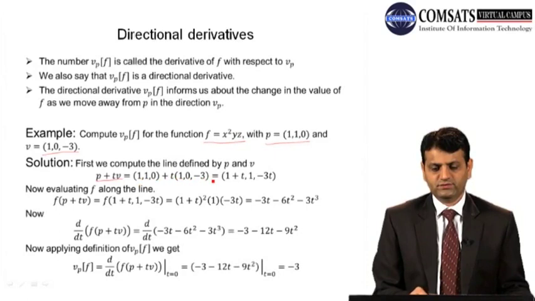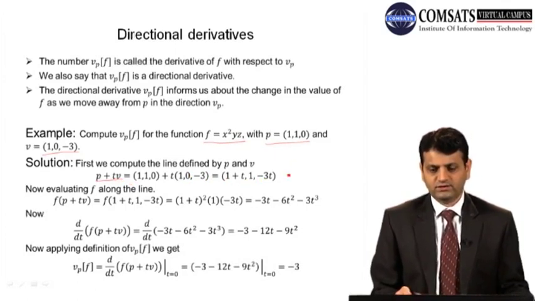How do we add two vectors? We just add their corresponding components. So we get 1 plus t, then 1 plus 0t is 1, and 0 plus minus 3t is minus 3t. So this is basically the line associated to VP.